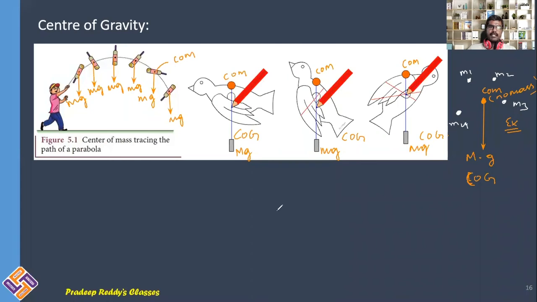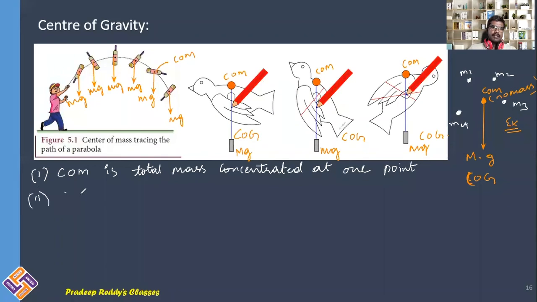So I'll make one point clear. Center of mass is total mass concentrated at one point, whereas center of gravity is gravitational force.